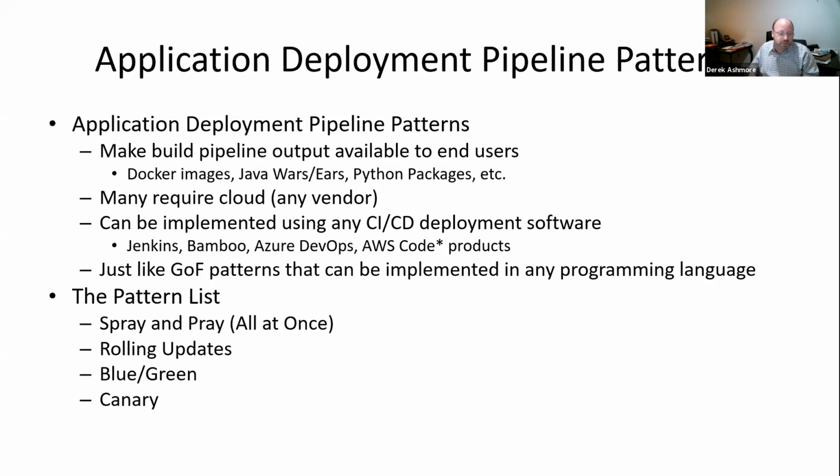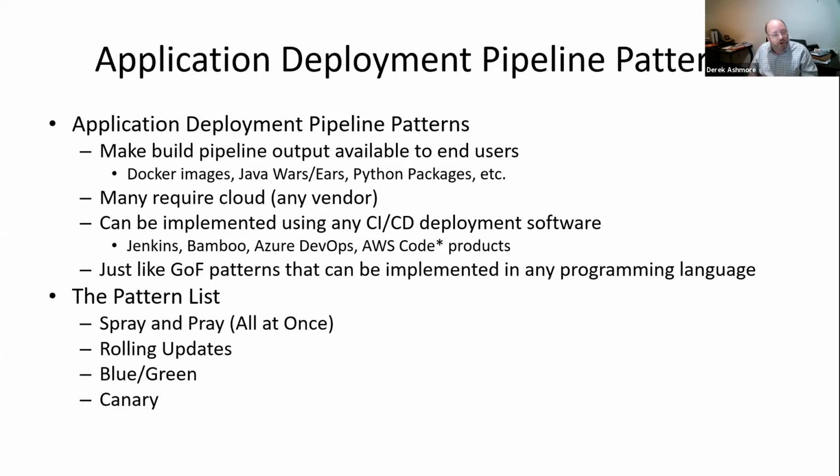The first one is the one that we've all used for decades, especially those of us who are older. Some of you young guys might not have experienced it as much as I have. It's called Big Bang or All at Once, and essentially it means the application has an outage, you erase the current version that's out there, you deploy the new version, you start it up, you make it available to end users.